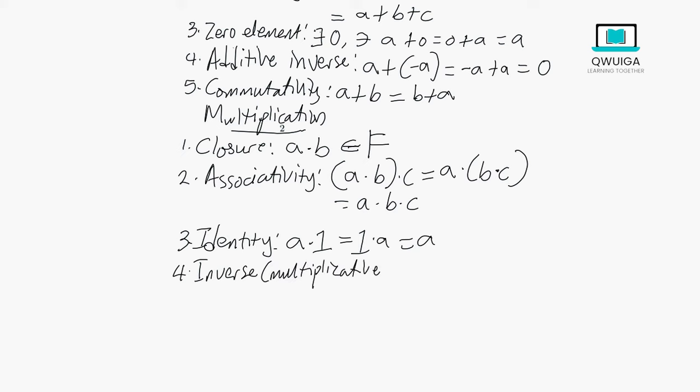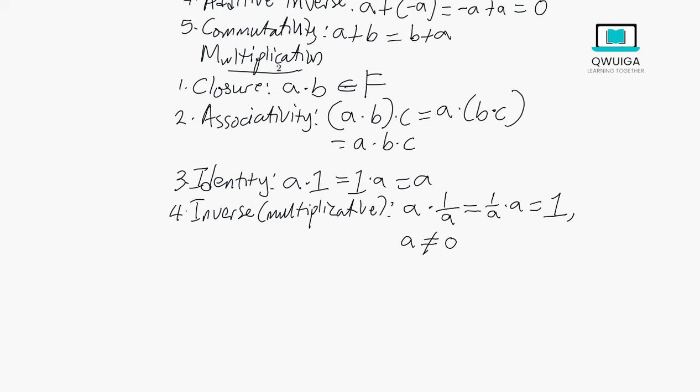Every element a must have an element which we denote 1 over a also in that same set, such that a times 1 over a equals 1 over a times a, and gives us the identity element 1. However, there is a condition: a must not be equal to 0. So every non-zero element in the set must have an inverse.